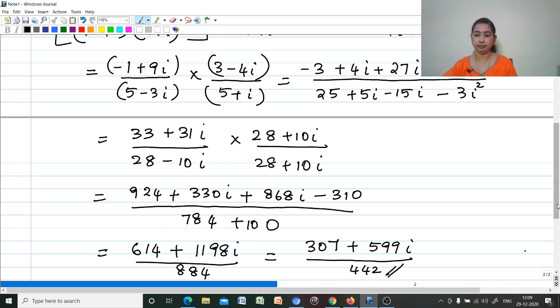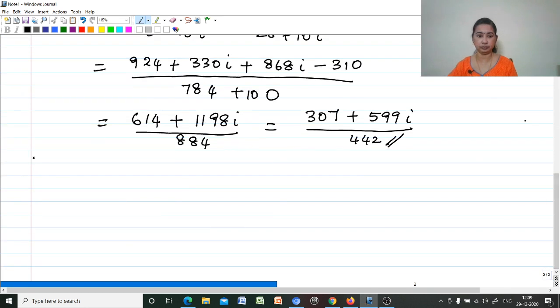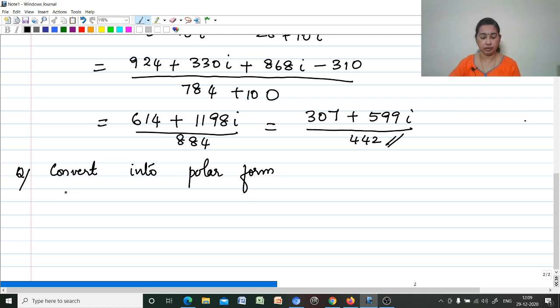Now next one: convert into polar form (1 plus 7i) divided by (2 minus i) whole square. So first we have to make it in the form of a complex number.